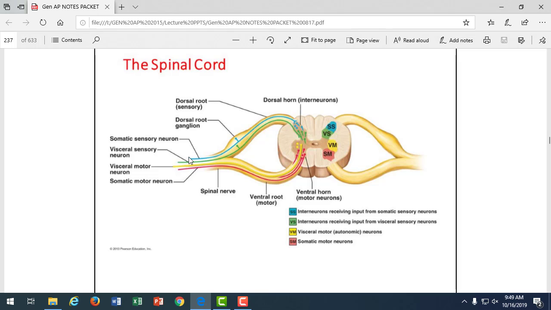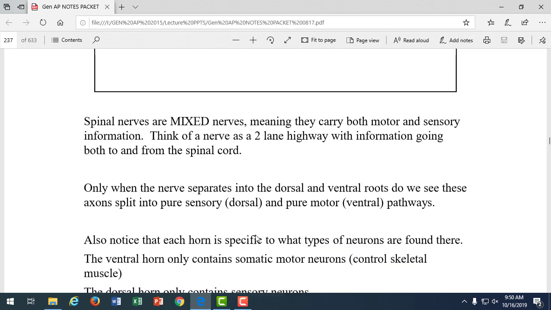So this side has the dendrites for receiving information. This side has sensory receptors, this sensory neuron here, to the skin, to the eye, to the nose, to the mouth, right? All those special sensations we receive are found at the end of this blue sensory neuron. So they're out here gathering information.